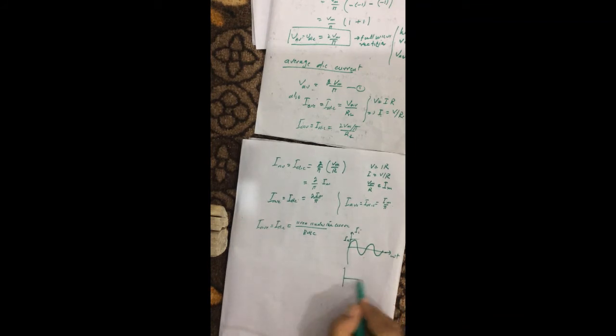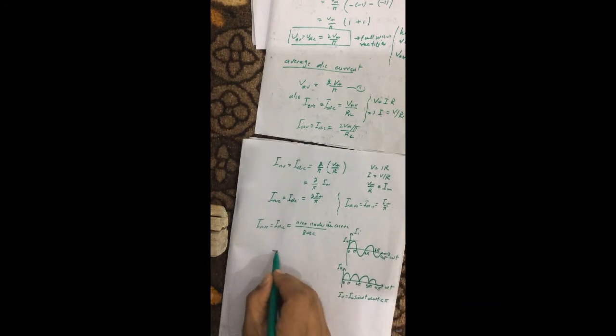And we have the output current, which is like this. This is omega t, and the output current is I naught, and this I naught is equal to Im sine omega t for omega t less than pi and greater than 0, because 0 to pi is the period. Then 2 pi, 3 pi, 4 pi, and so on.